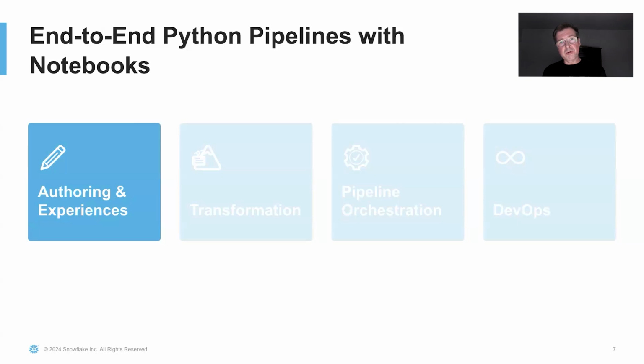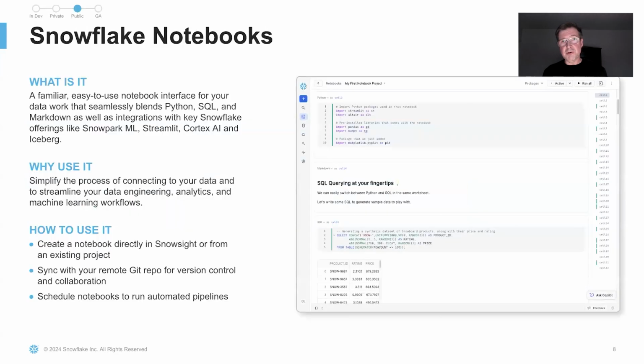When it comes to the authoring and experience part of it, we're going to use Snowflake Notebooks. Snowflake Notebooks is available for you directly in the Snowflake user interface, what we call Snowsight. It enables you to write both Python code and SQL code in the same interface.